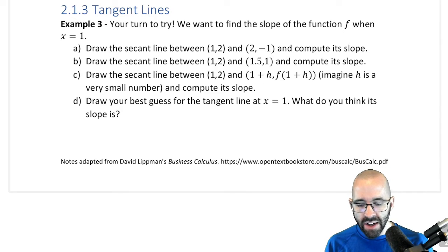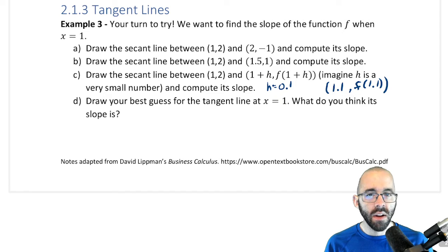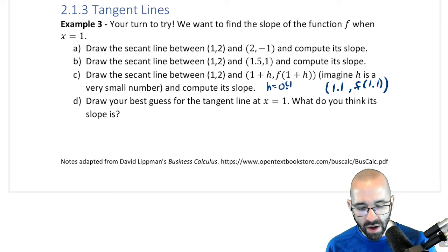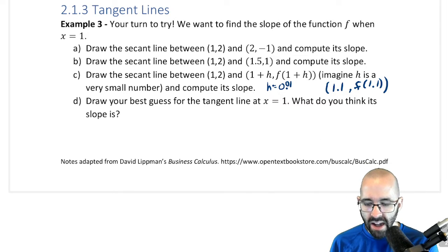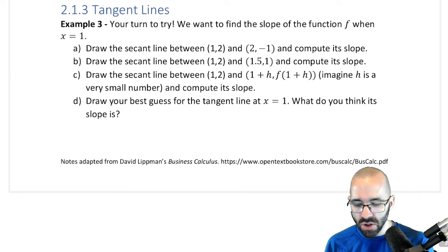If h were 0.1, then we'd have the point (1.1, f(1.1)). If h is some small number, and h can be as small as we want, h could be 0.01 or something like that. We're doing it in generality for a small value of h.